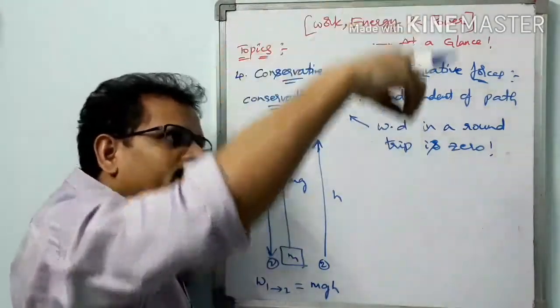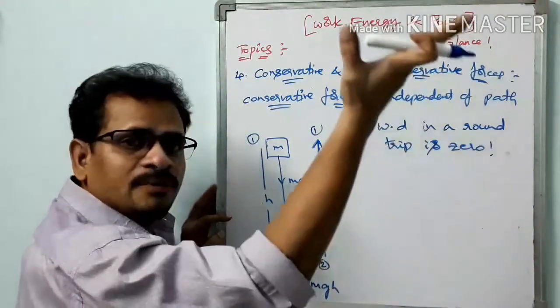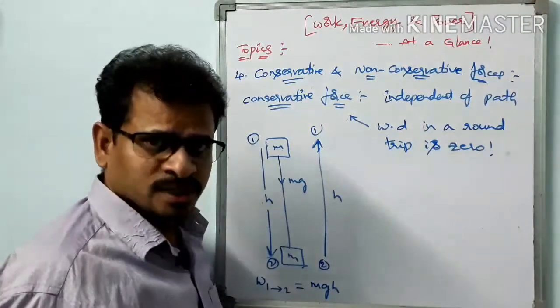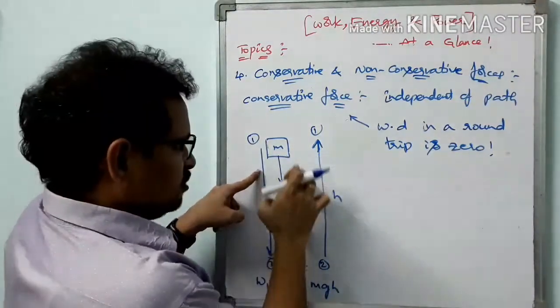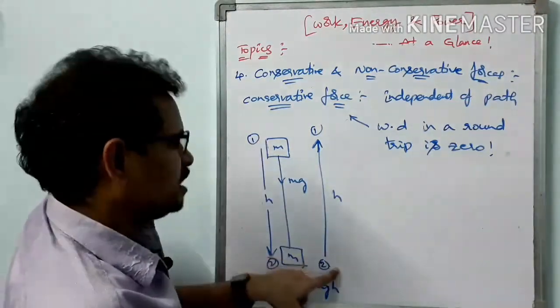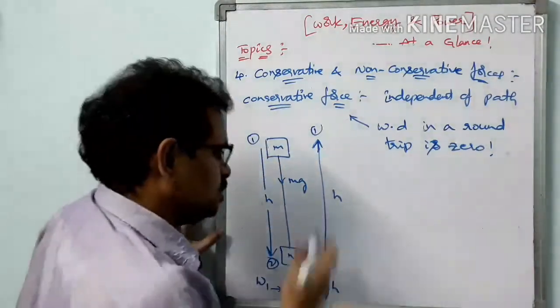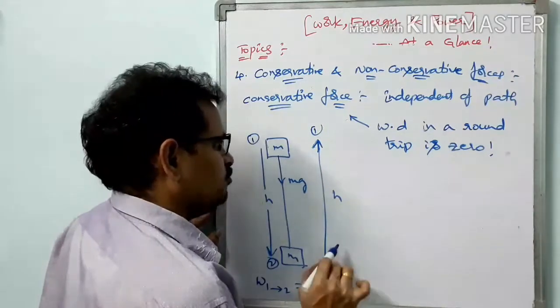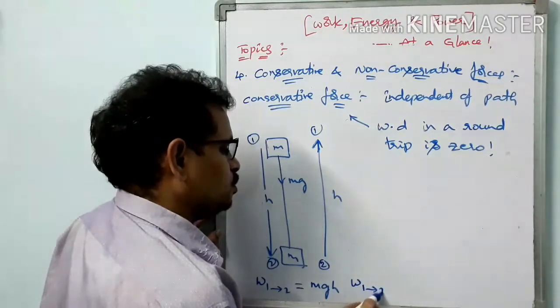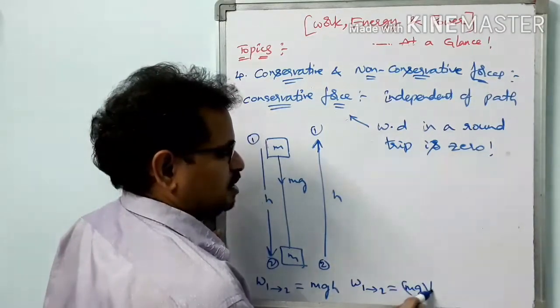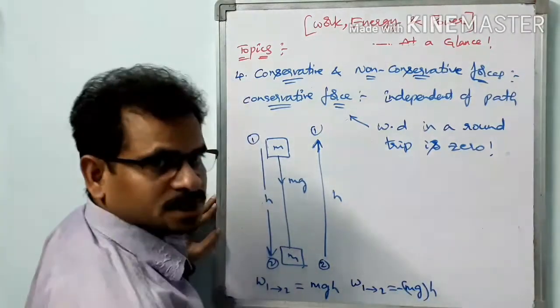Even if a body is falling down or projected vertically upwards, in any case the gravitational force will be downwards always. So in the first case, gravitational force is downwards and displacement is downwards. But in this case, displacement is upwards, but gravitational force acts downwards. So what is w2 to 1 here? Minus mgh. So this is negative work.